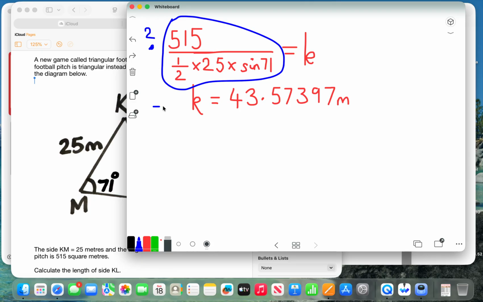This is not the final answer, so you want to keep as many decimal places as you can, but then round off the final answer. So we have that k equals that, and let's change the small k to capital LM because they mean the exact same thing.